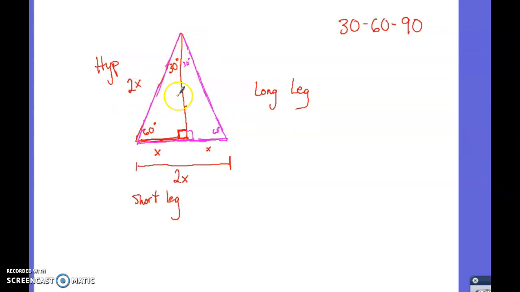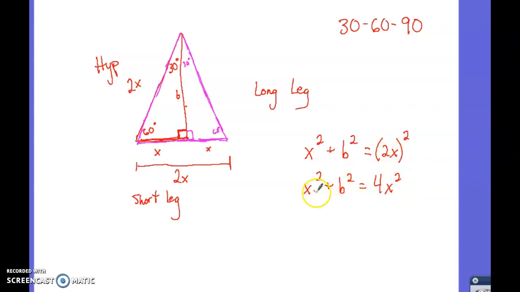Now why do we do that? Well, the long leg here in the middle, we can now do the Pythagorean theorem to figure out what that long leg would be. The Pythagorean theorem would be x squared plus b squared is equal to the quantity of 2x squared. So as you're looking at that, x squared plus b squared is equal to 4x squared.